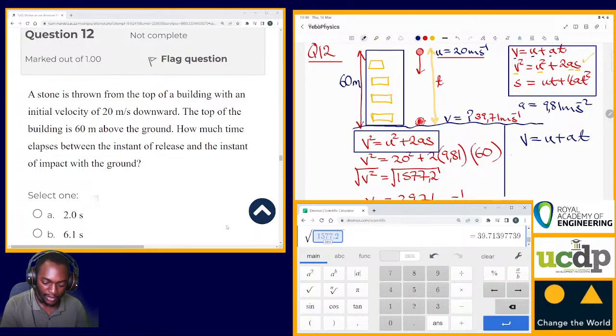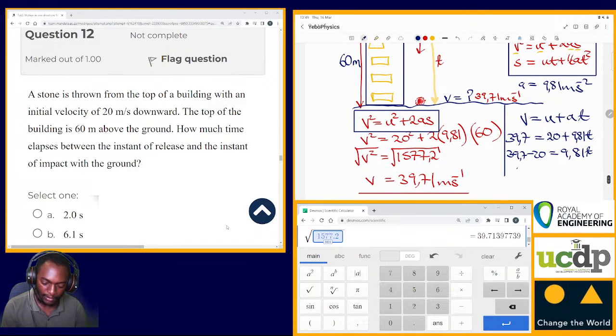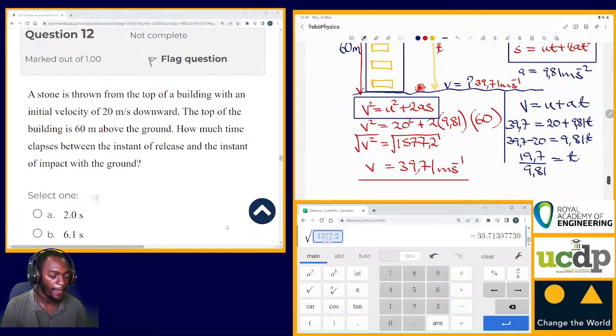Our final velocity, we now have, 39.7 equals U, which is 20, plus 9.81 T. So this will be 39.7 minus 20 equals 9.81 T. That becomes 19.7 over 9.81 equals T.